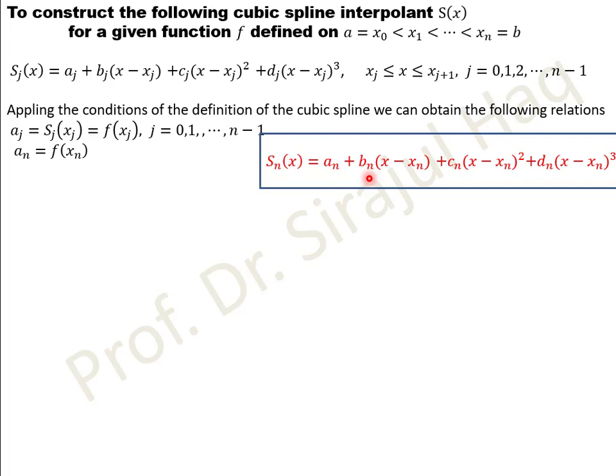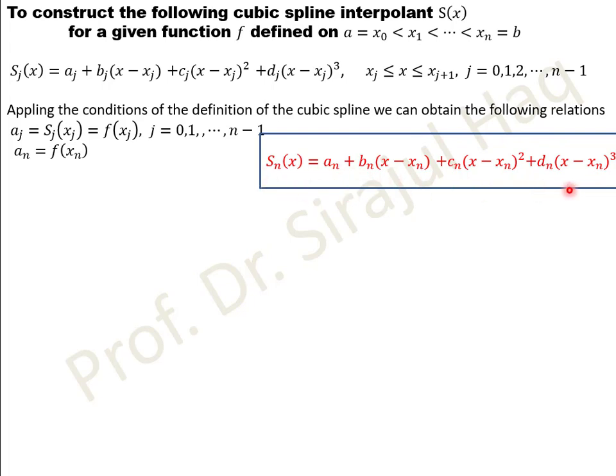The two consecutive splines are Sn minus 1 and Sn. So if Sn minus 1 and Sn coincide at xn, and Sn minus 1 is the spline which is completely known, then when I substitute the value and its derivative, Bn can be computed.